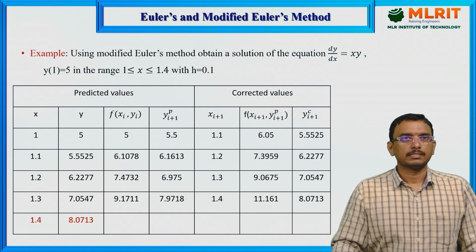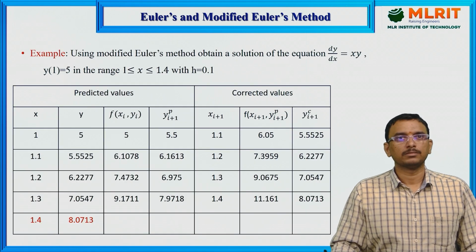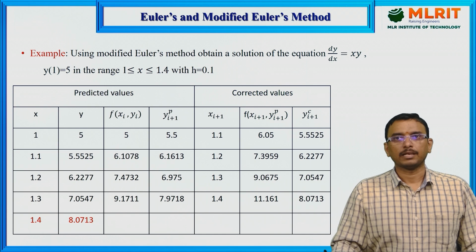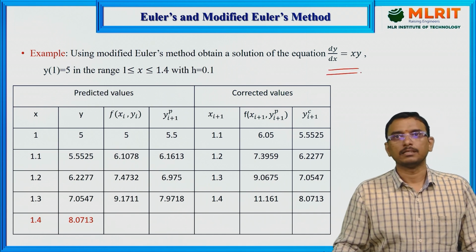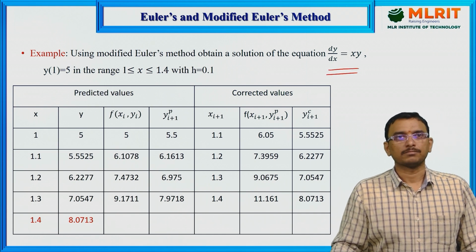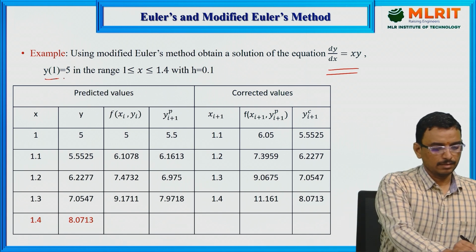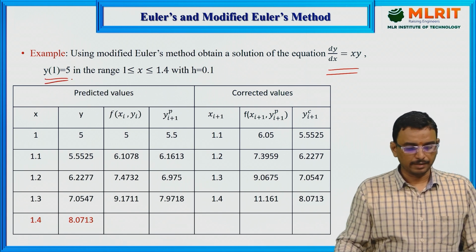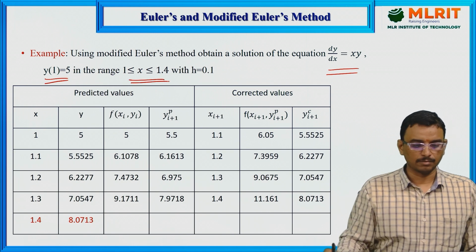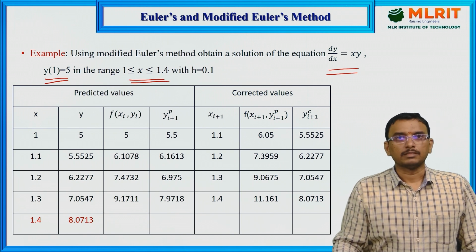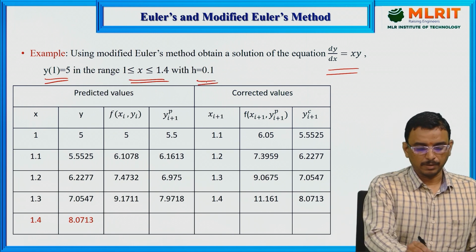Now we can see the example. Using the modified Euler's method, we obtain the solution of the given differential equation dy by dx equal to xy, with the initial condition y of 1 equal to 5, in the range 1 less than or equal to x less than or equal to 1.4, with step size 0.1.